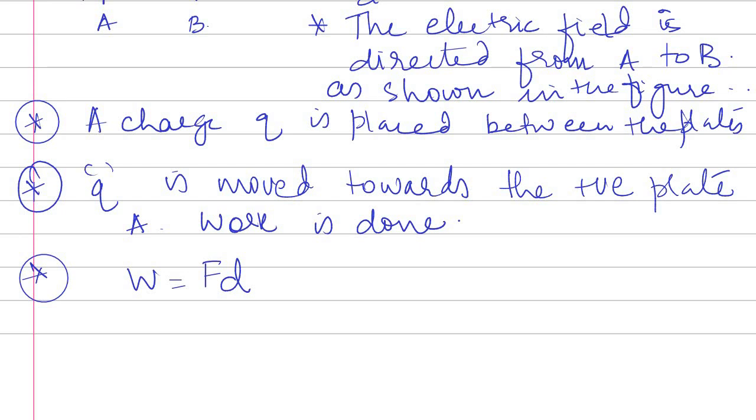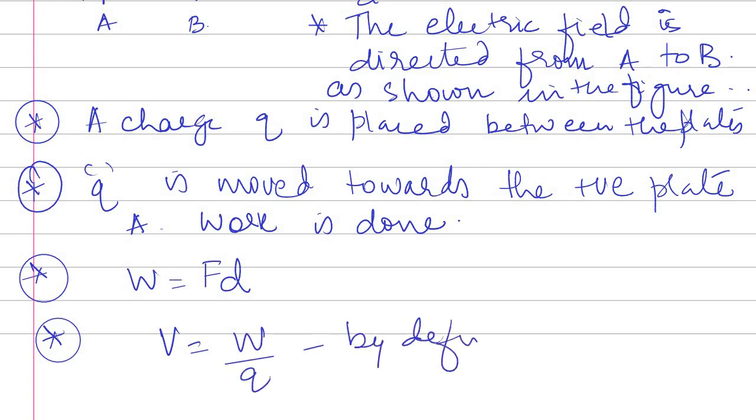Now, potential difference V between the two plates is W by Q. V is equal to W by Q. This is by definition.